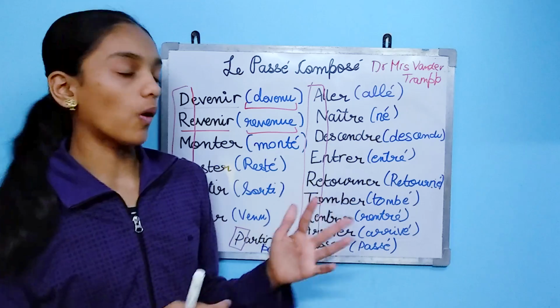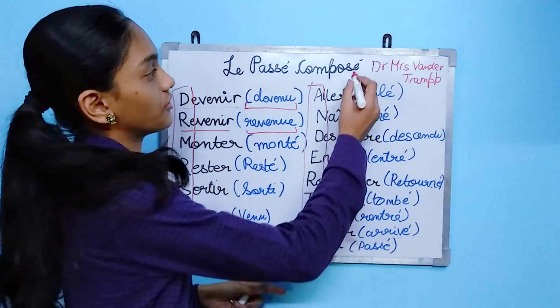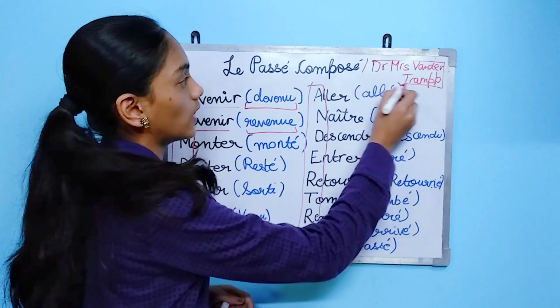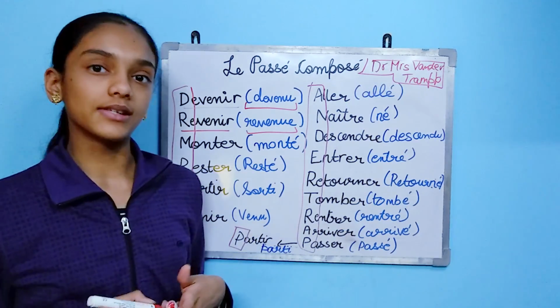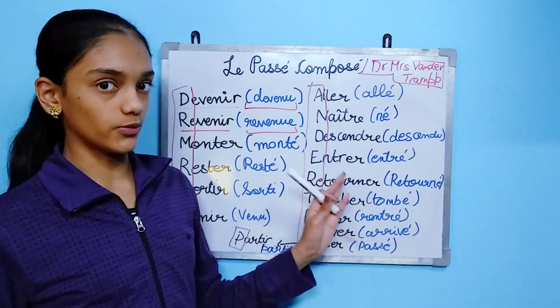And these were all the verbs which will be conjugated with être. Just remember this, it will help you a lot. Dr. Mrs. Vandertramp. And just take a look at all of these words.